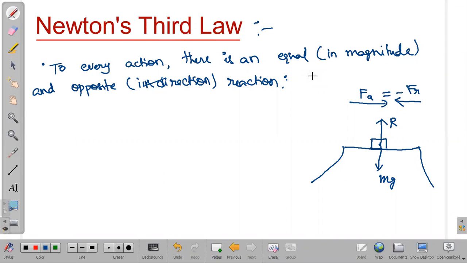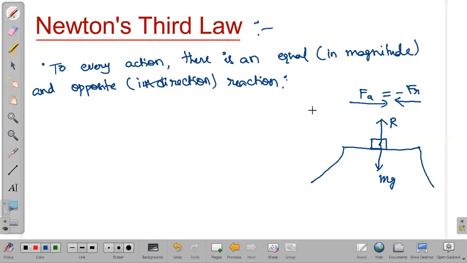You can ask one silly doubt: when we throw a stone in the same case, why doesn't it rebound? There, whatever action force is exerted, the reaction force is also exerted, but some other extra forces are acting on that. Due to that, it is not rebounding. That should be noted here.